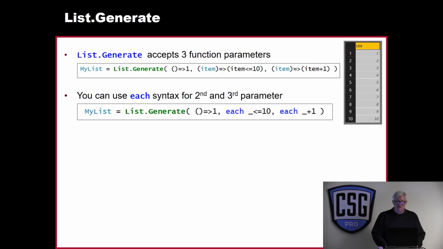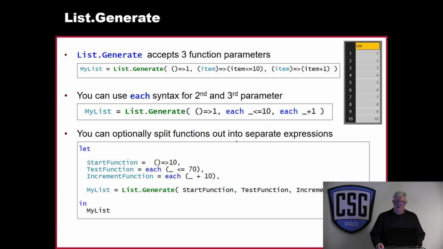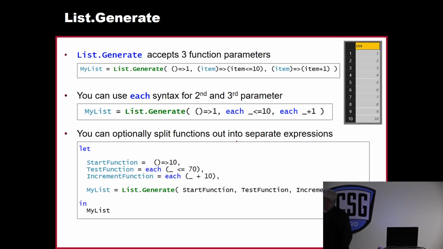Now, one of the things that you could do is replace the second and third parameter with each inside there. And the idea is, let's go through each record, and the underscore now becomes the item that you're looking at. Okay. And then also, I could split this up if I think it's more readable. So you have a start function, and this just returns a 1, that's my starting point.